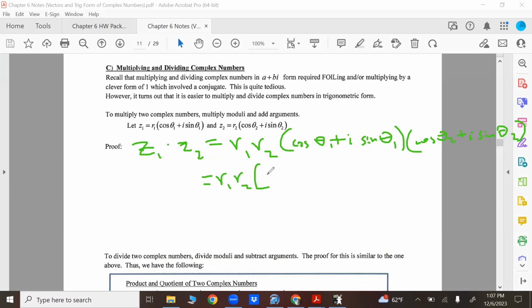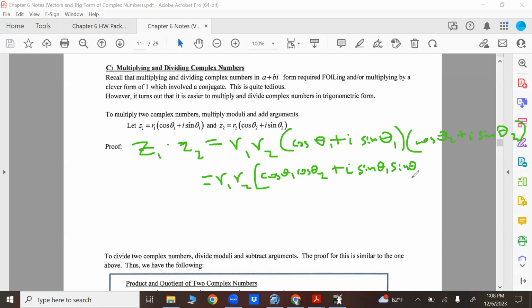You have cosine theta 1 times cosine theta 2. Also, you're going to have i sine theta 1 with i sine theta 2. Wait, oh, you are correct. No, hold on, back up. I didn't mean to write that.